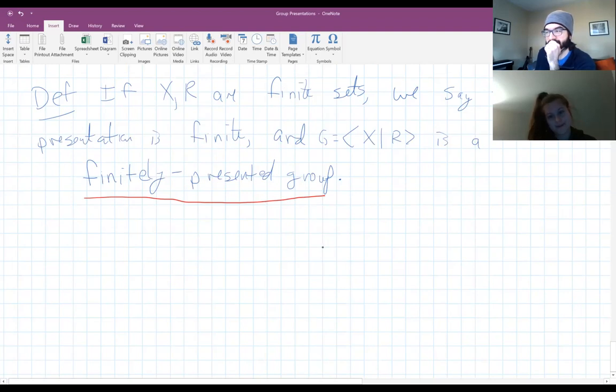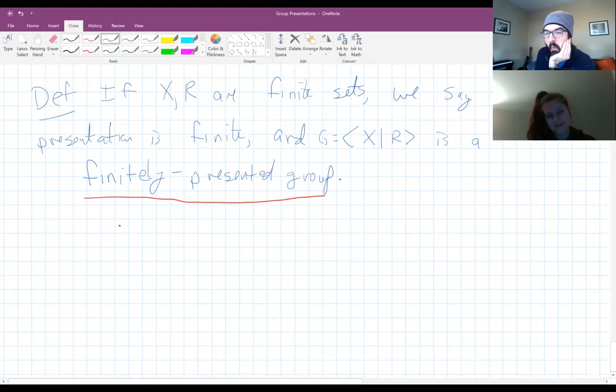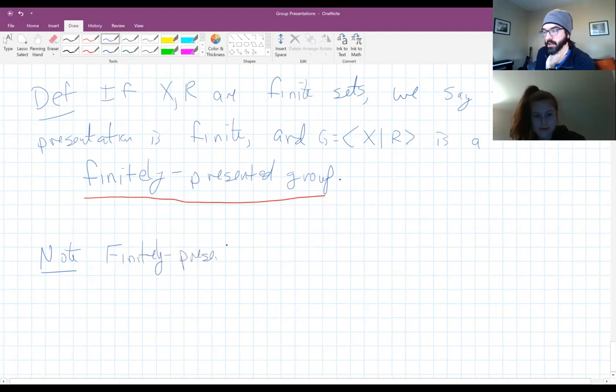No. Why not? Because that's kind of the obvious answer. You're exactly right. Because we know that X and R is like... Can you give me an example?